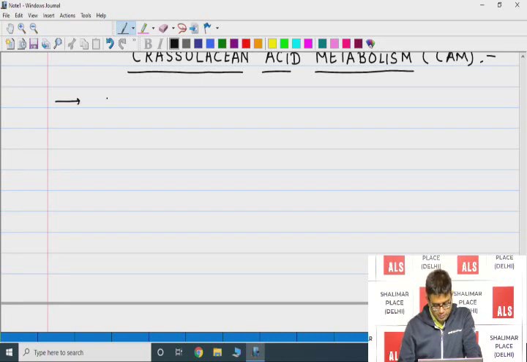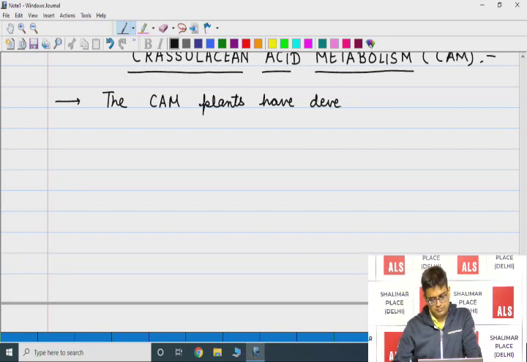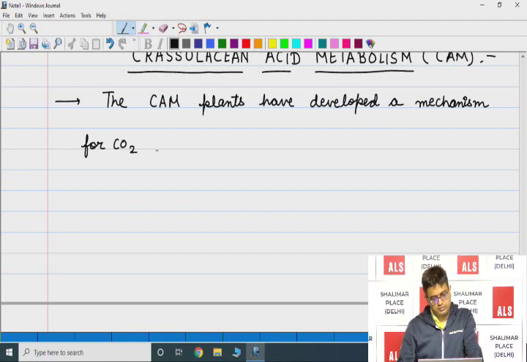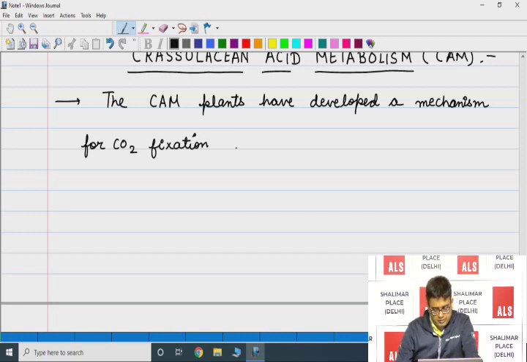It is a mechanism the CAM plants have developed for CO2 fixation during the dark time, during night time.